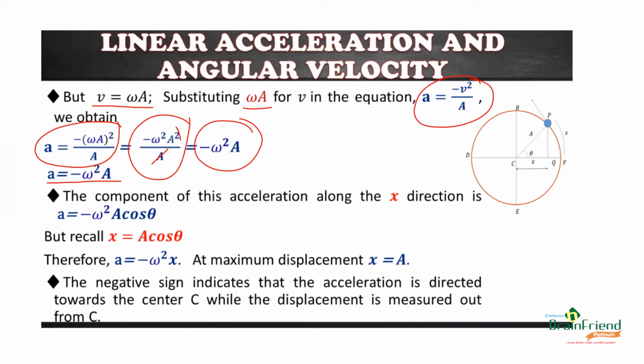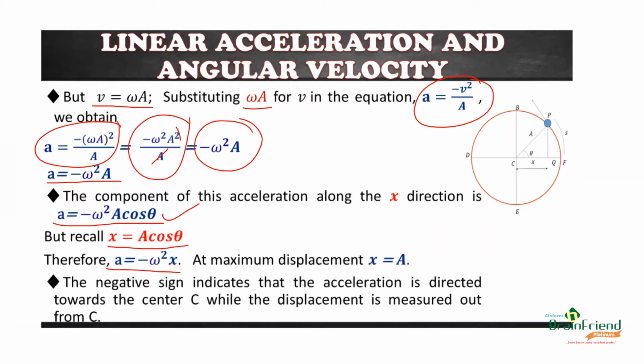Now, the component of this acceleration on the x direction is a equal to minus omega squared A cos theta. But we've been able to establish that x is equal to A cos theta. Therefore, substituting x for A cos theta in this equation, we have a is equal to minus omega squared x.